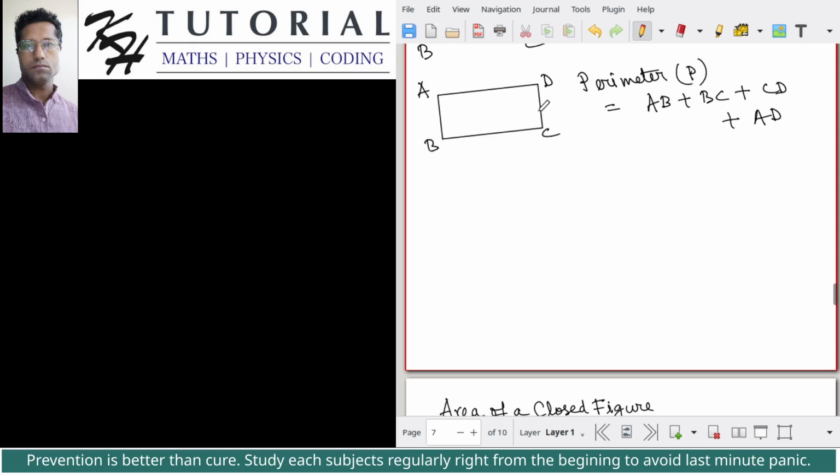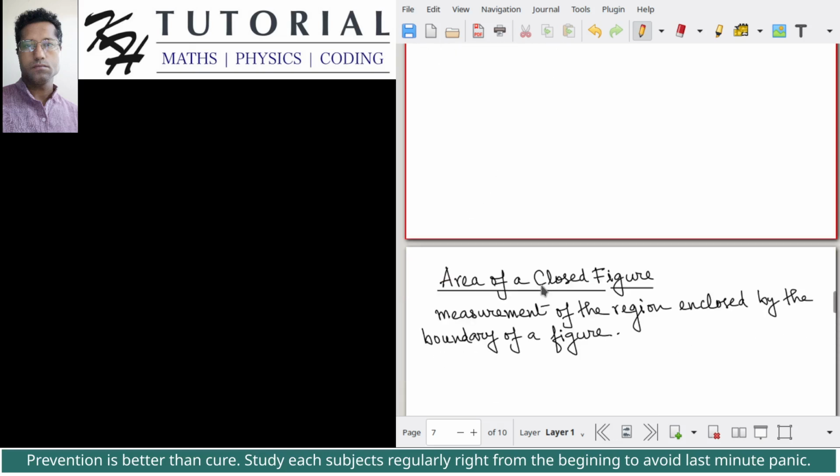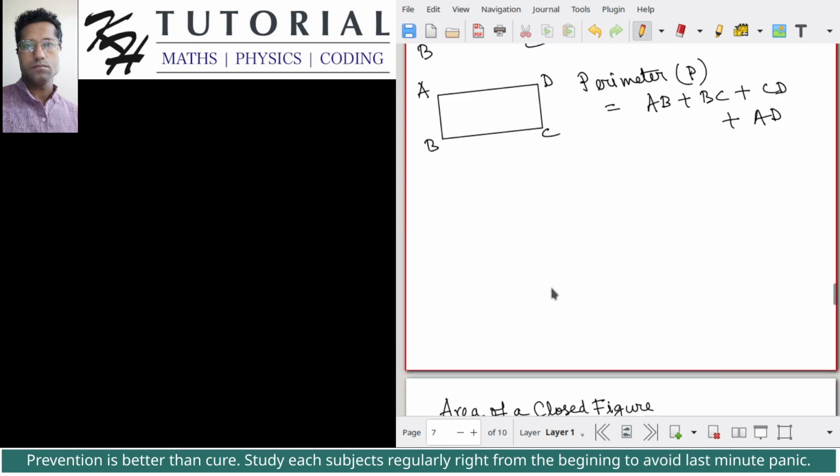Okay. Let's take another example. So this is a curved line, and let's say we have this line segment, this line segment again, and this line segment again.